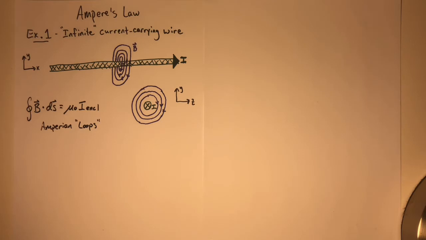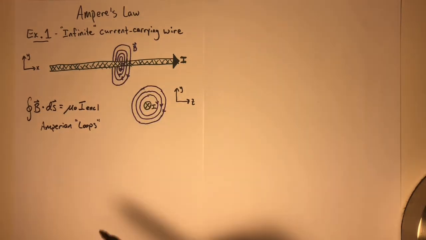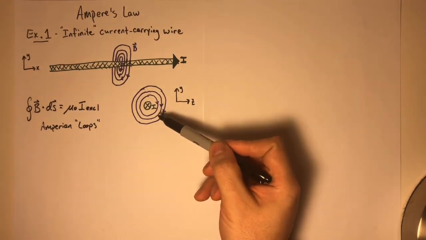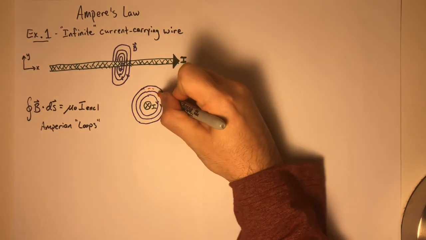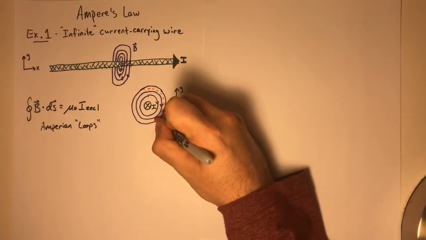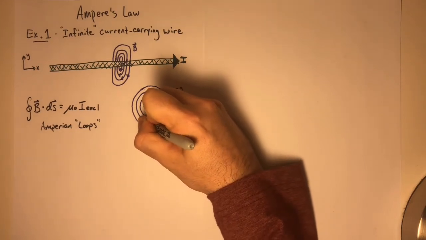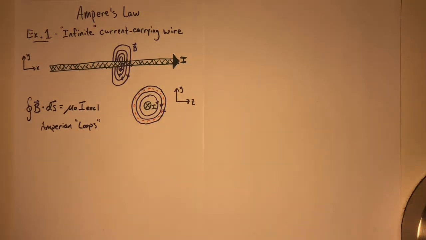What you want to do is choose a loop that has the kind of geometry that matches the geometry of your setup. So if you look at this diagram here, you can see very clearly that choosing an Amperian loop that was a circle would be a really clever choice in this case, because a circle would have the same sort of vector pointing that the magnetic field elements have for that wire.